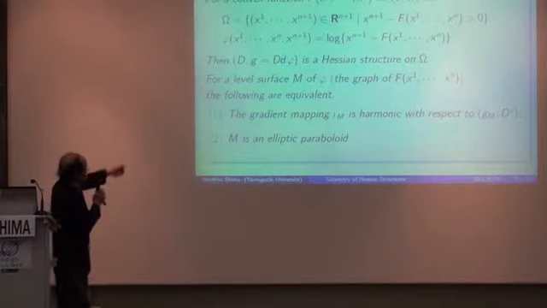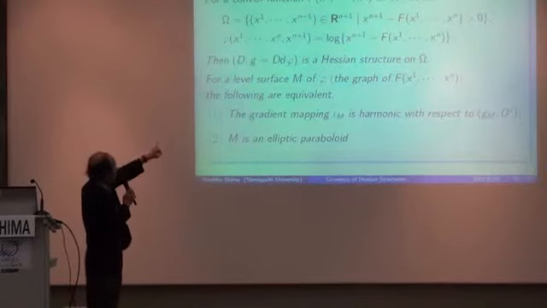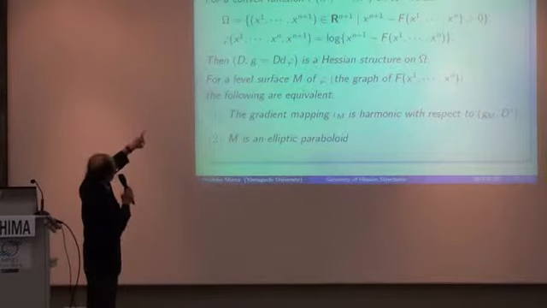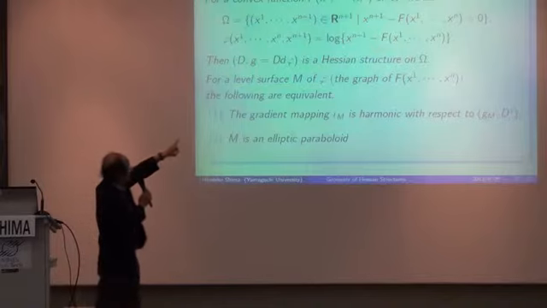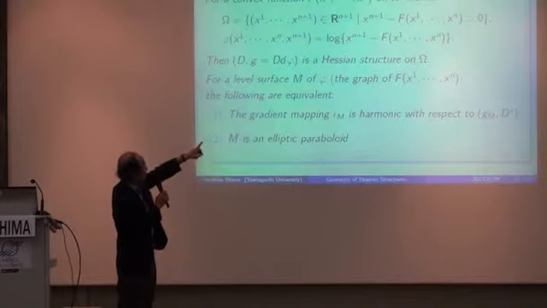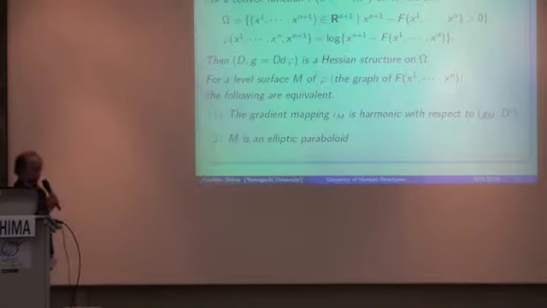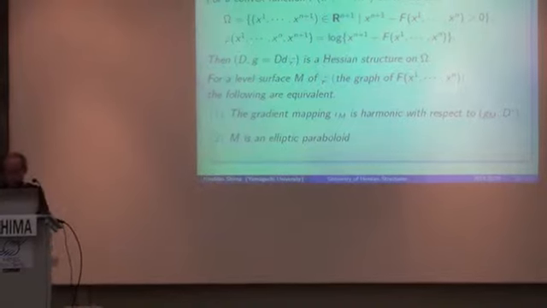Note that a level surface of φ is just a graph of f. φ = constant means x_{n+1} − f(x_1, ..., x_n) = constant. Therefore, the level surface of φ is a graph of f.